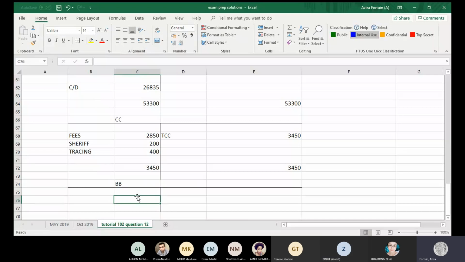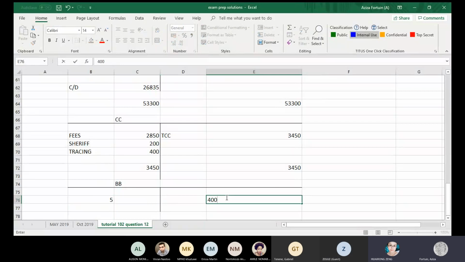Okay, so what's going to go into my business bank account? What am I going to debit? Day 5, credit for 400. Sorry, Maggie, you broke up. How much? Day 5, we credit 400 rand tracing fee. Day 11, we credit 200 share fee.